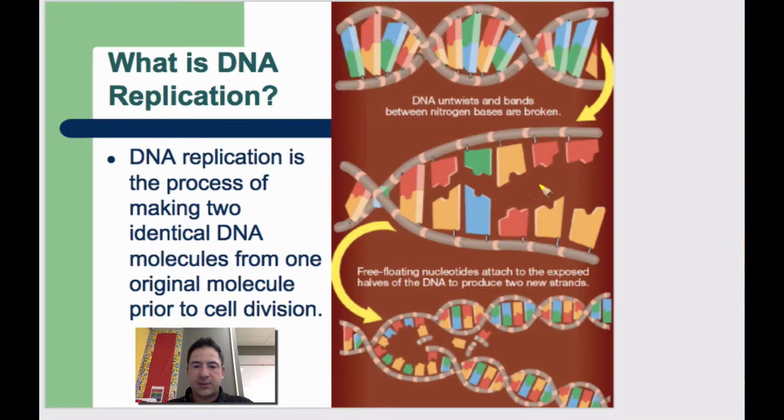So now what happens is once these bonds are broken, like in this section here, floating nucleotides are going to attach to the exposed halves. Now they're going to attach to their complementary strands. And then essentially what you're going to get is a strand and then an identical strand here. Okay? So this is DNA replication.